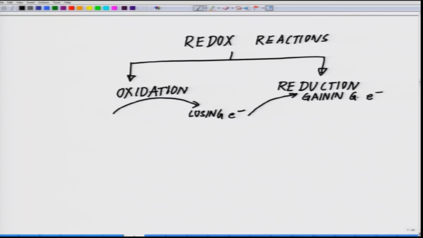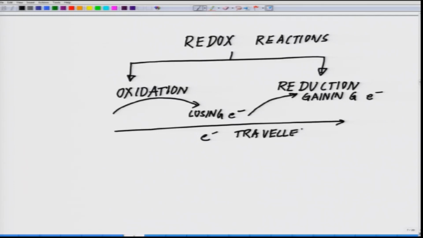So, in that process the electron traveled, and the traveling of electron could be tapped, or can also be considered as flow of electron.